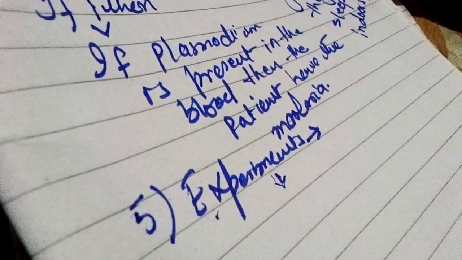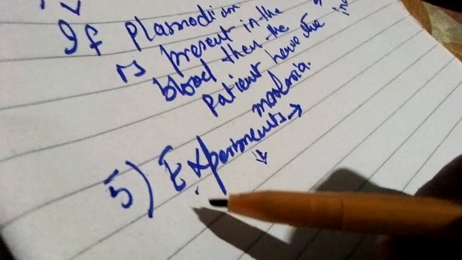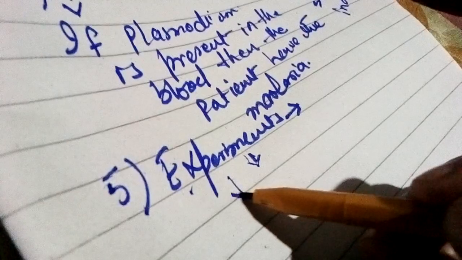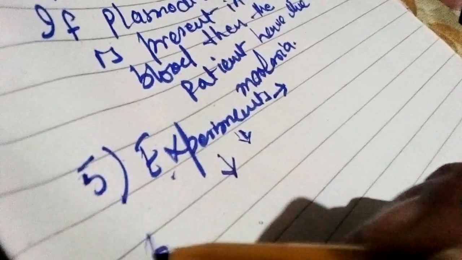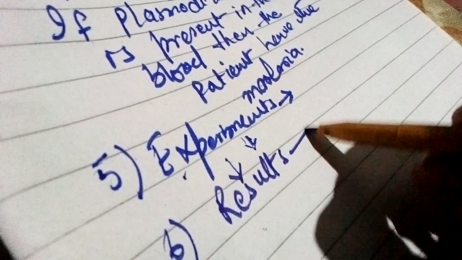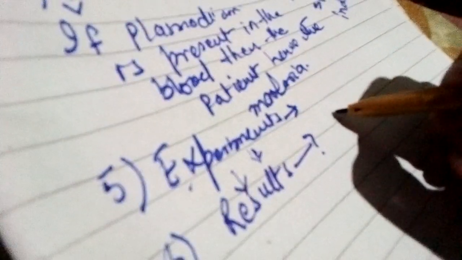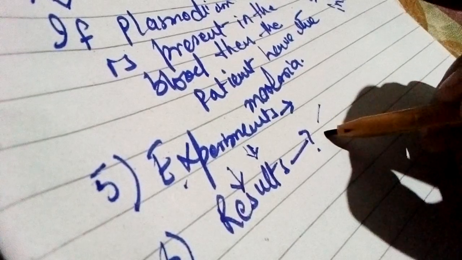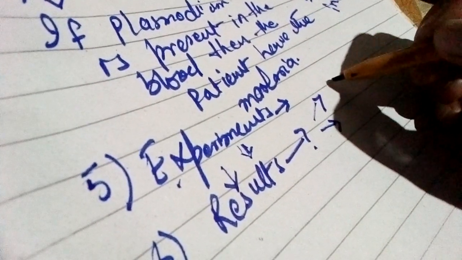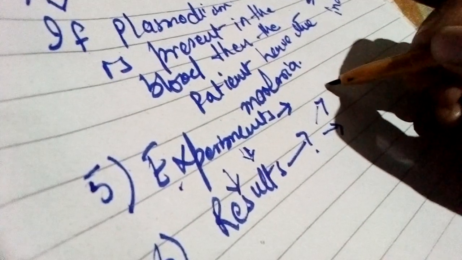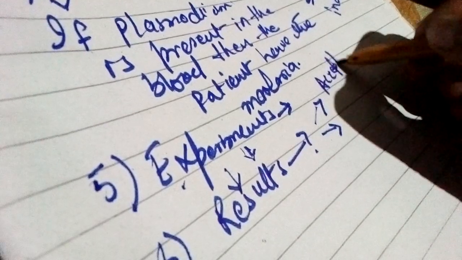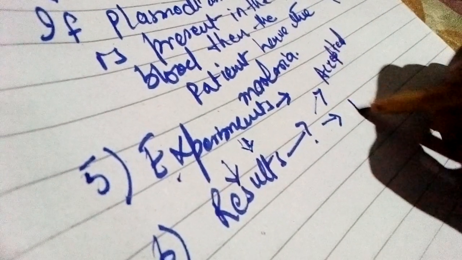The next step after getting the experiments is that we make definite results, which either show that the hypothesis is accepted or the hypothesis may be rejected.